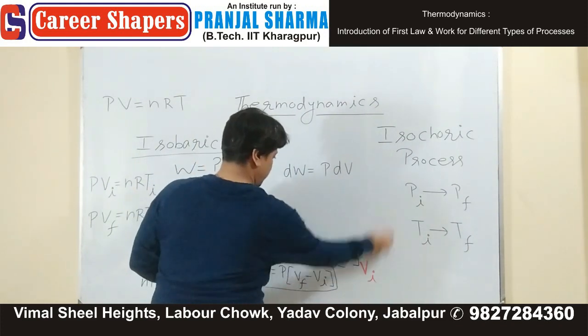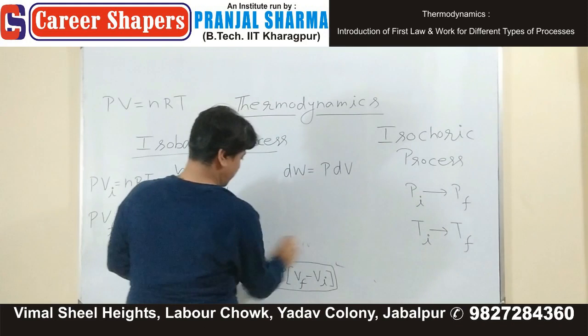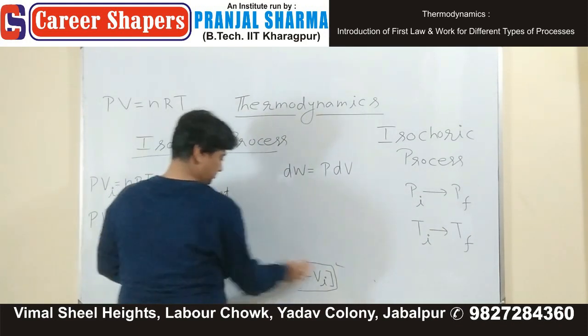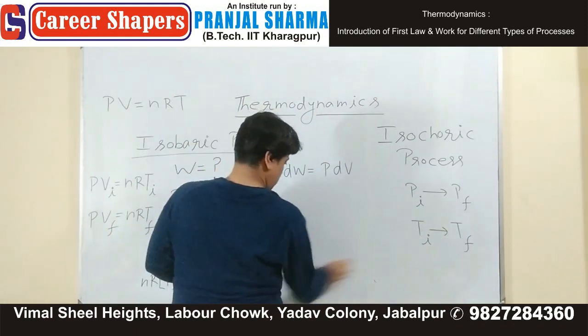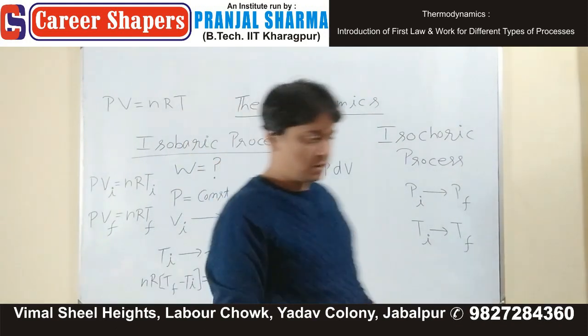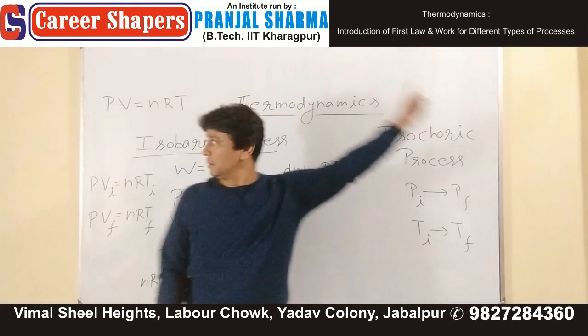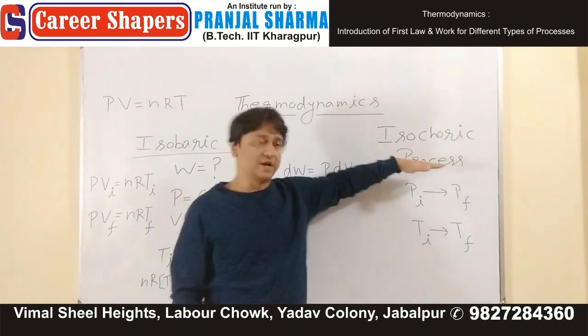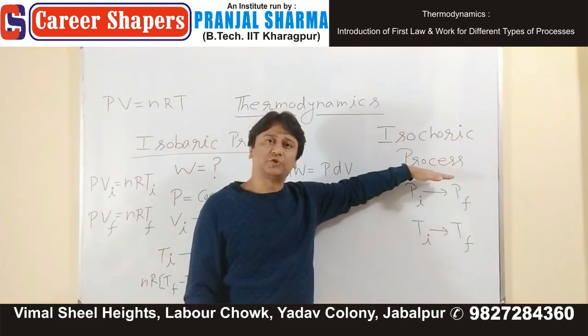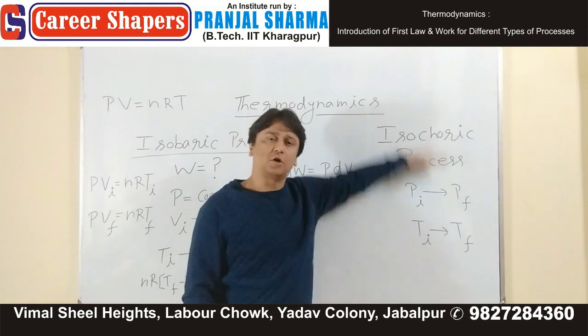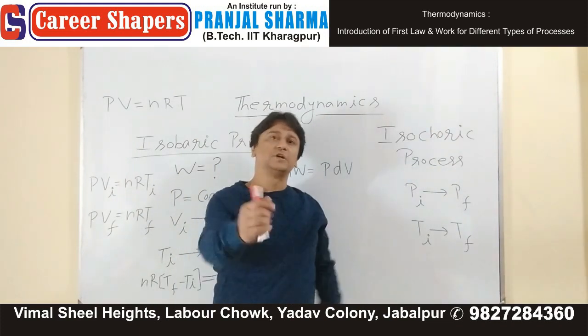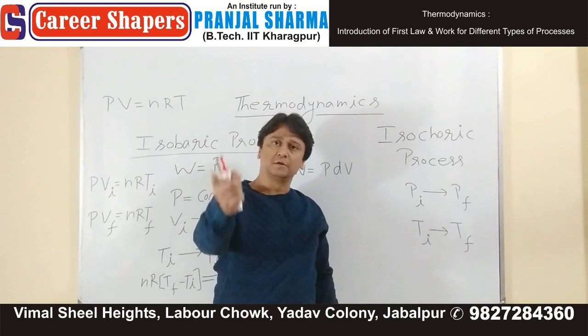The volume is same. If volume remains same, then what? No work. And you know why there is no work? If you say volume is constant, remember there was a piston here. If volume is constant, that means that piston is not moving. If piston is not moving, then what is the displacement? 0.